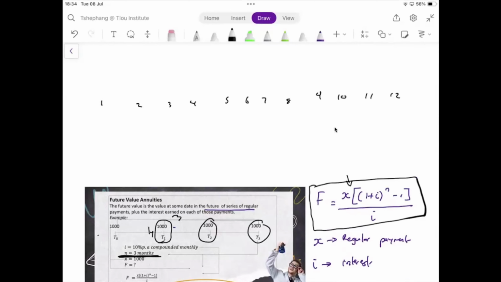There are 12 months in a year, right? At the beginning of the year, which is January, you decide to save 100 rands. Now, every single month after January, at the end of that month, you save 100 rands. So you are consistent with the amount, the regular payment.